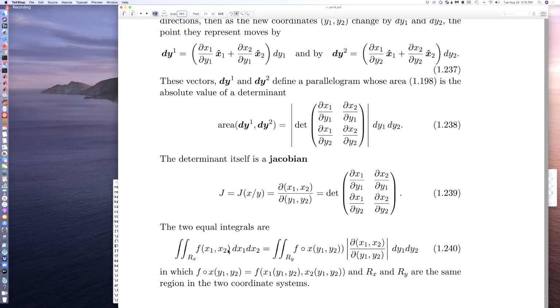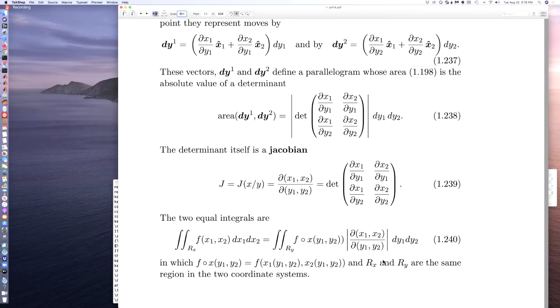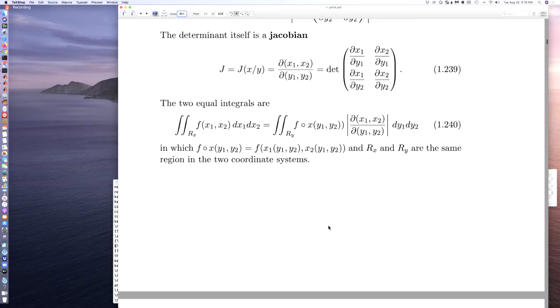And what we do to get the same area element as dx1 dx2 is use the absolute value of this Jacobian times dy1 dy2. That gives us dx1 dx2, the same area, and we do the integral like that.